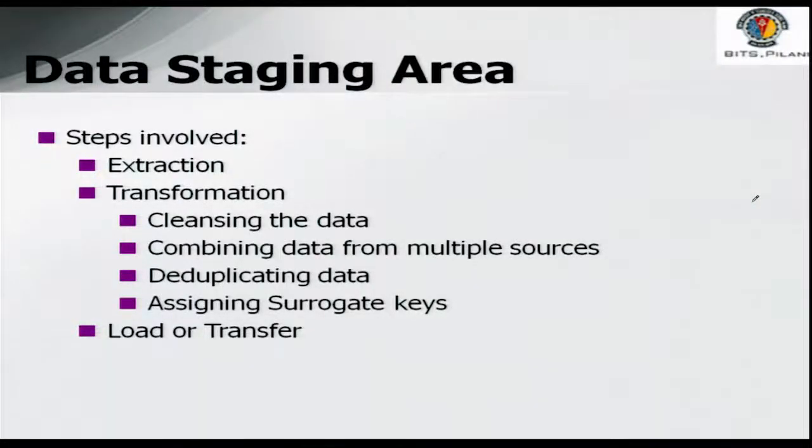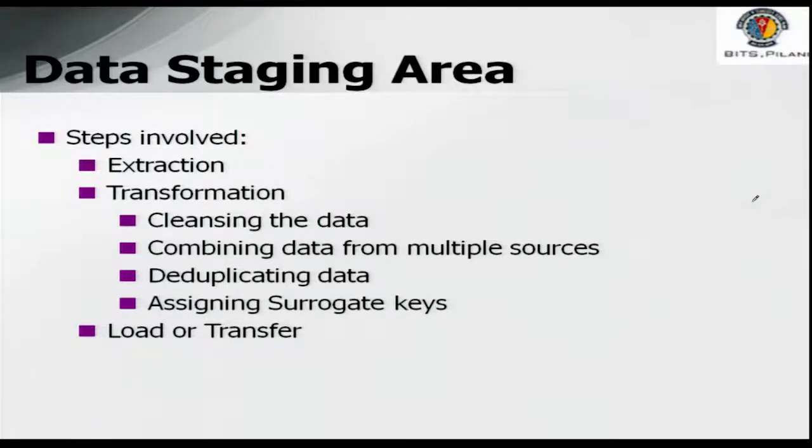And then the second step is transformation. Here you perform the cleansing of the data. So you remove any kind of errors or noise from the data, and combine data from multiple sources, right? If you have product codes which are different in different systems, you have to come up with a common product code which is the same across all sources.